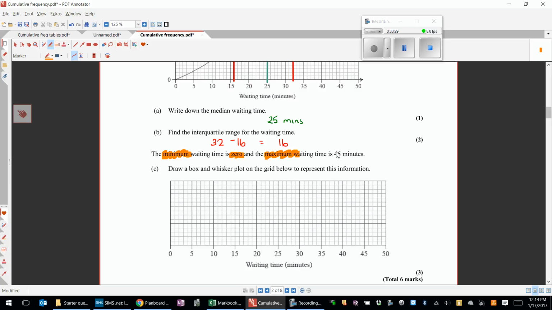So do you remember how we did our box and whisker plot before? So we put a line, however you want to use their thing. So I'm going to put a line at the minimum. My maximum is at 45, so I'm going to put a line there.